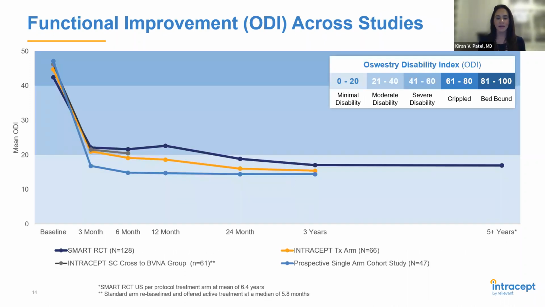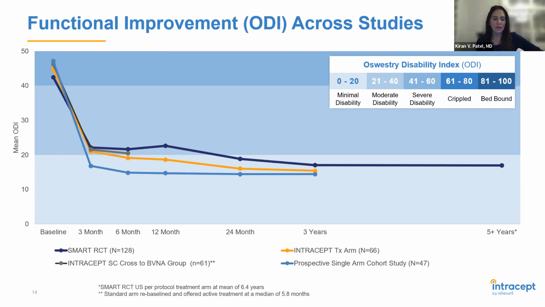This is a great study that really puts everything together that we were discussing. You can see there are 4 lines there. The top line is the 128 patients who were part of the SMART randomized control study. Below that, the shorter line is the Intracept crossover to BVN group. Below that, we see the Intracept treatment arm, and then the prospective single arm cohort study.